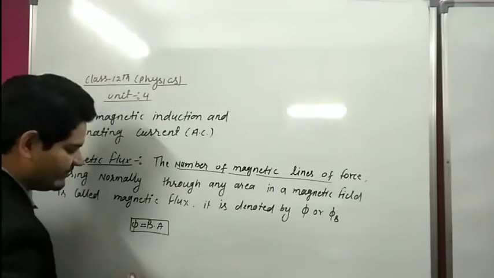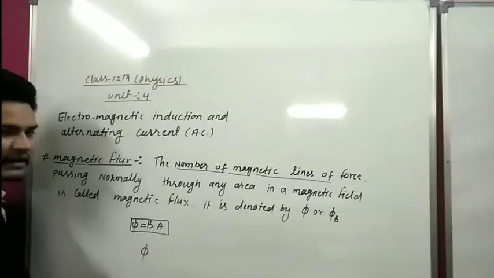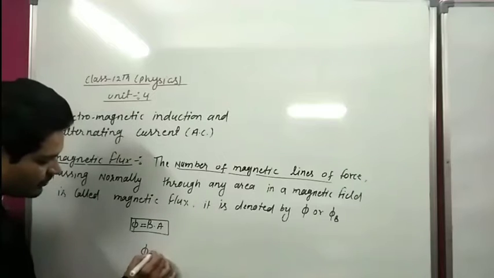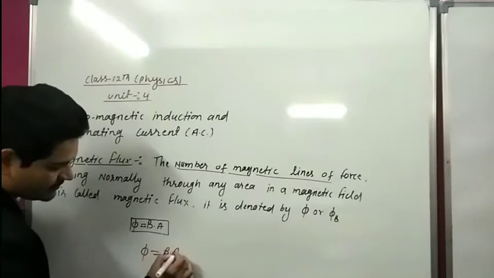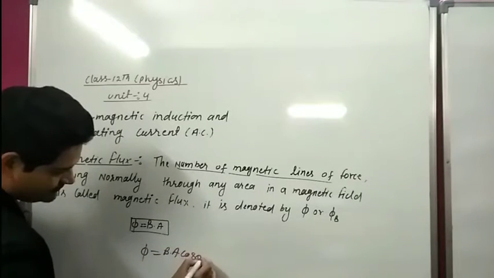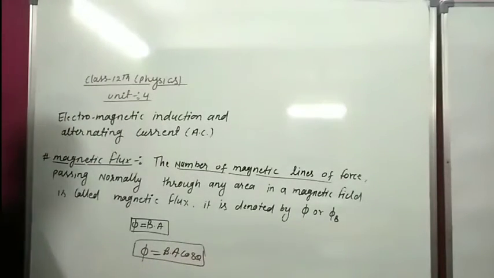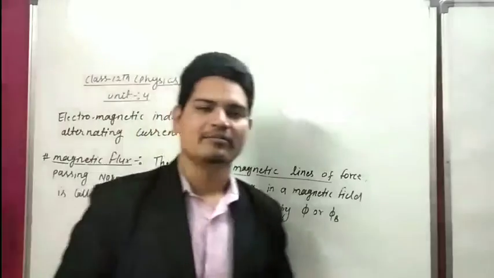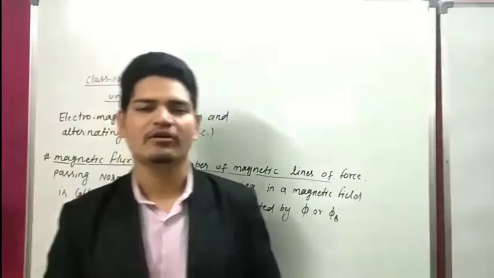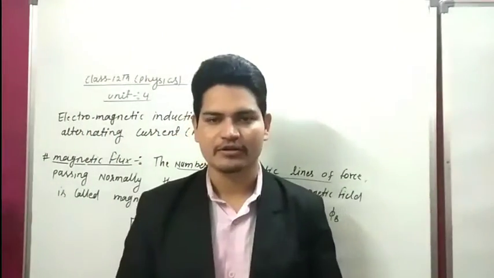If there is an angle between the magnetic lines of force and the area, the formula is BA cos theta. So like electric flux, magnetic flux is the total number of magnetic lines of force.